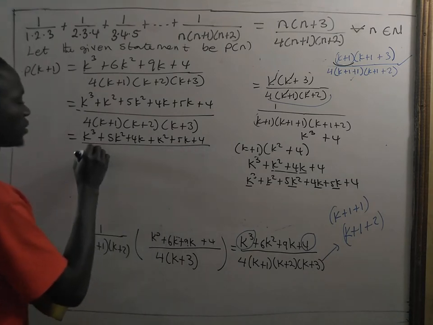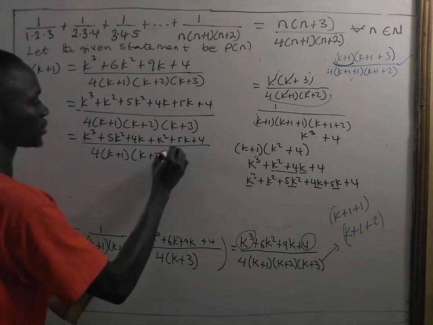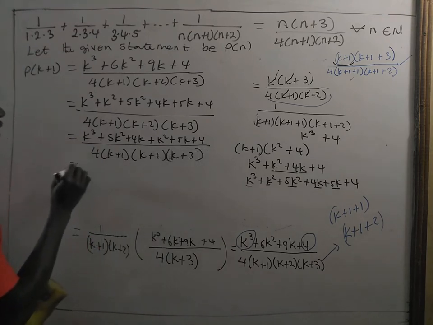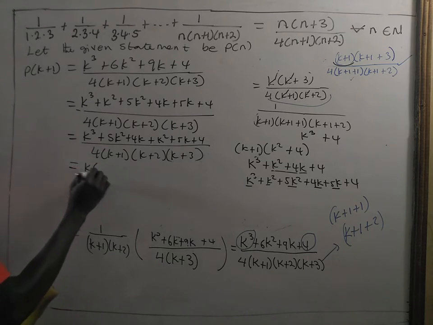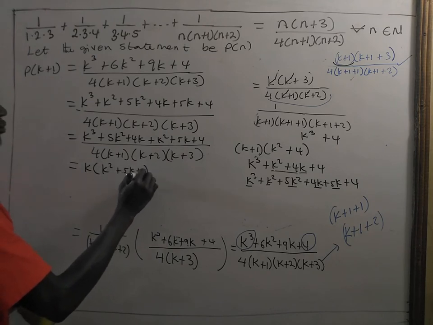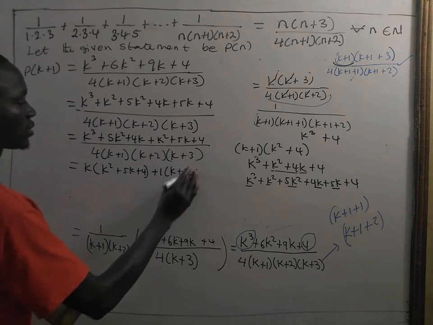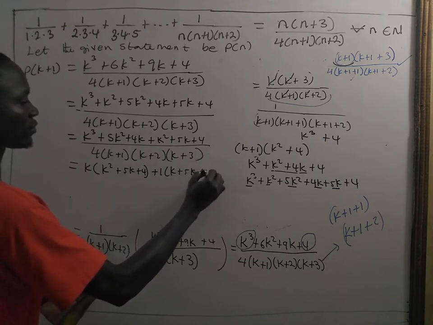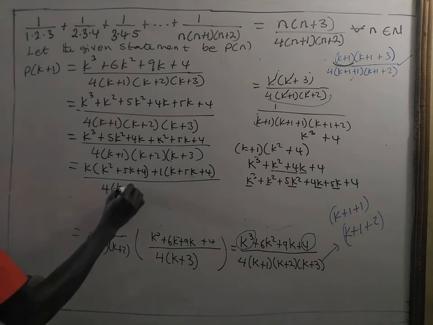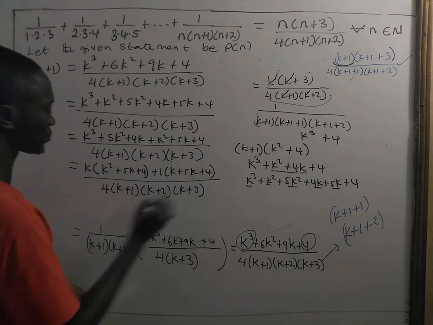All divided by 4 times k plus 1 times k plus 2 times k plus 3. And this one will give me k times k squared plus 5k plus 4, plus 1 times k squared plus 5k plus 4, all divided by 4 times k plus 1 times k plus 2 times k plus 3.